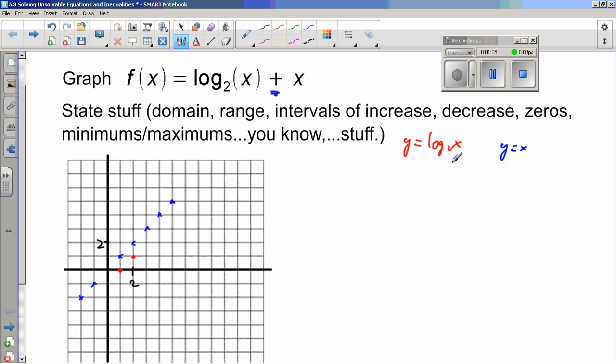And in fact, because base 2 is so small, I can get a couple more points. I can get that point there, which is 4, 2. When x is 4, the log base 2 of 4 is 2. And also, of course, a half is negative 1. And there's my two pieces.